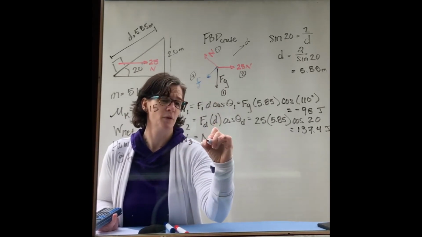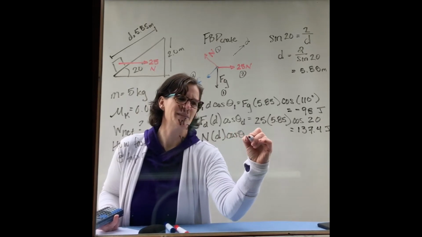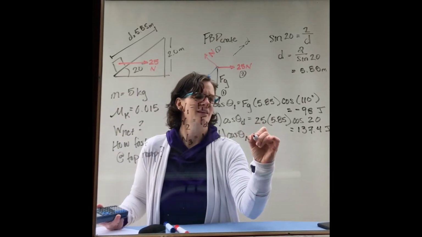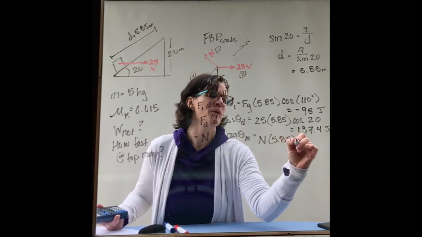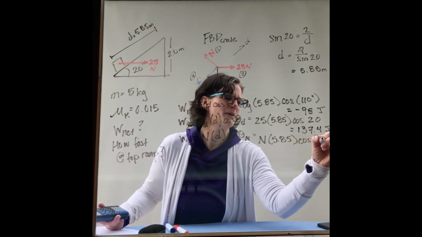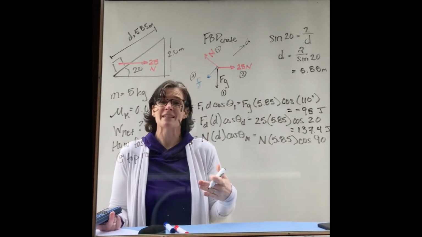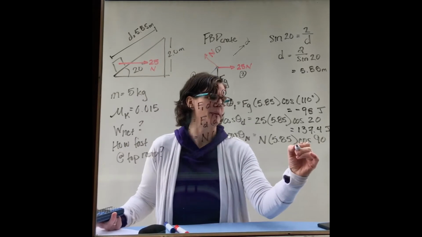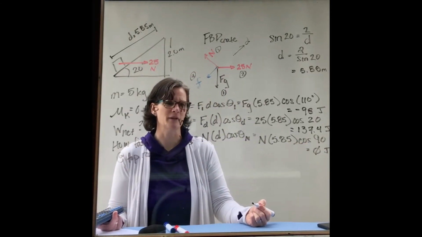Force number 3. Let's look at work 3. That's the normal force times the displacement times the cosine of the angle between the displacement and the normal force. We don't know the normal force. The displacement's 5.85, but what do we immediately see about this cosine? It's 90 degrees. So the normal force is acting perpendicular to the displacement, and therefore no work is done by the normal force.